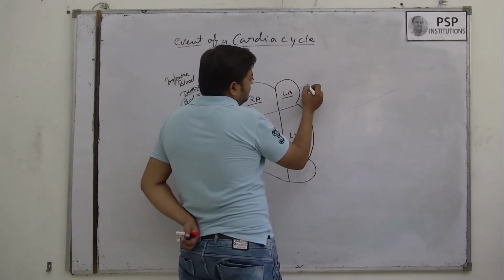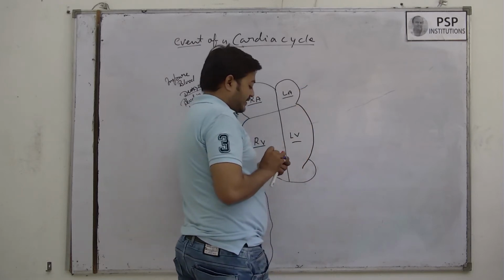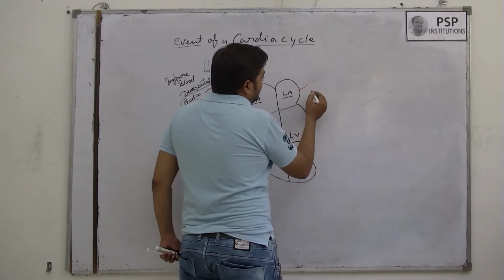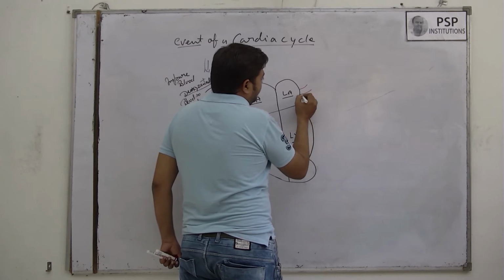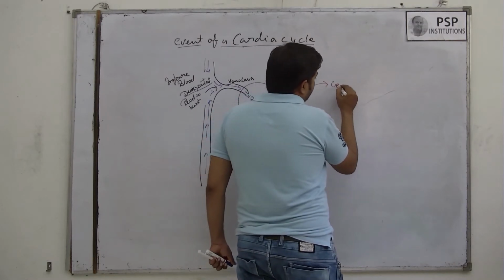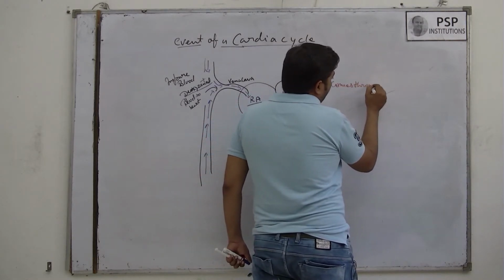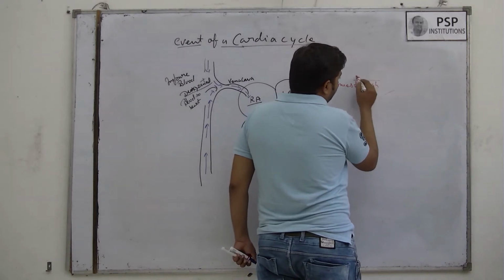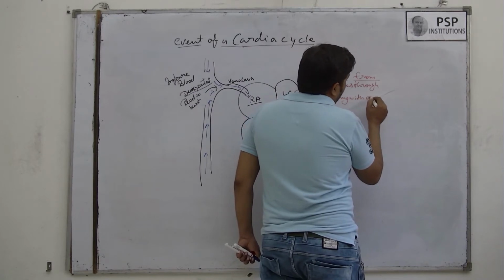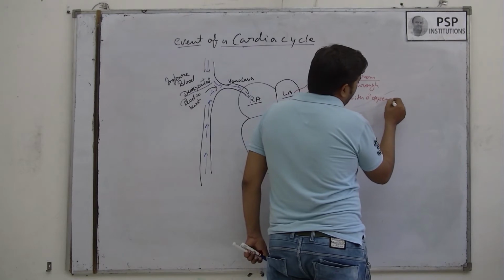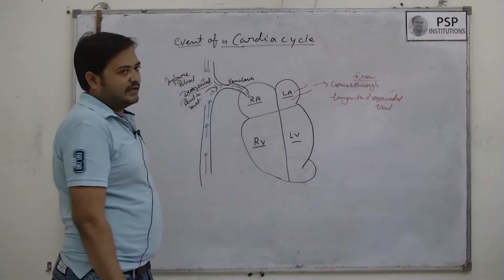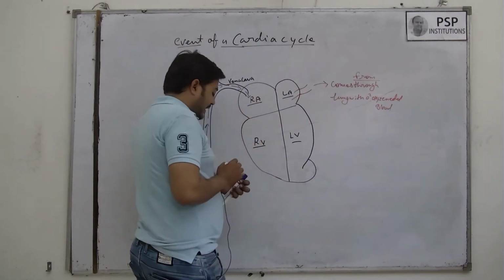There is also a pulmonary vein. From where does it come? It comes from the lungs with oxygenated blood into the left atrium.